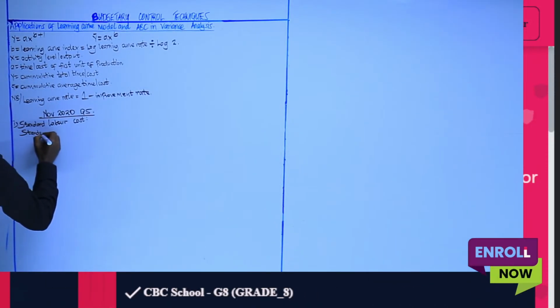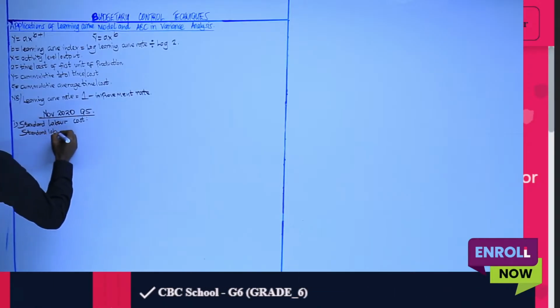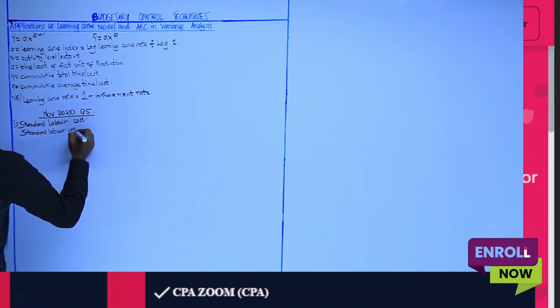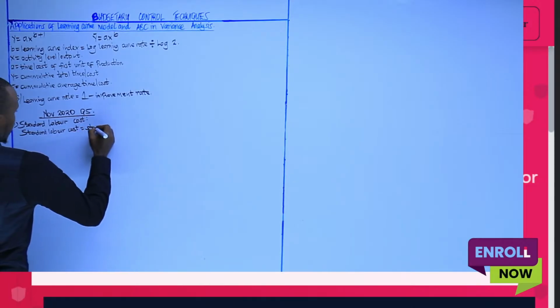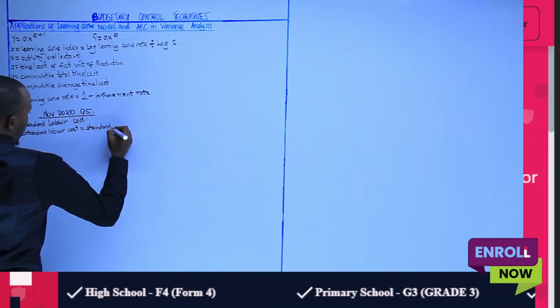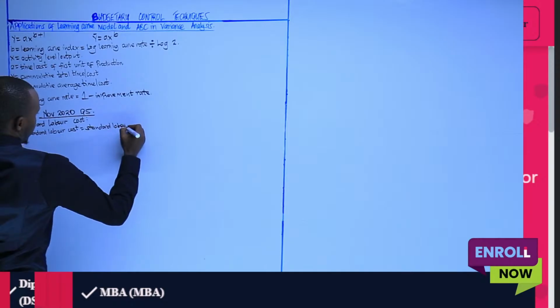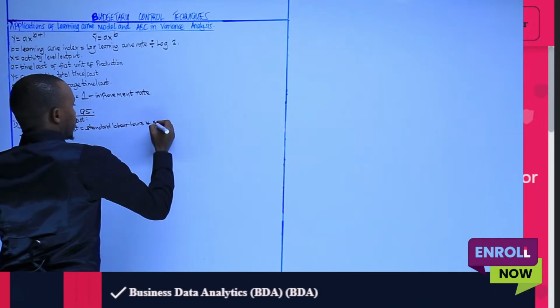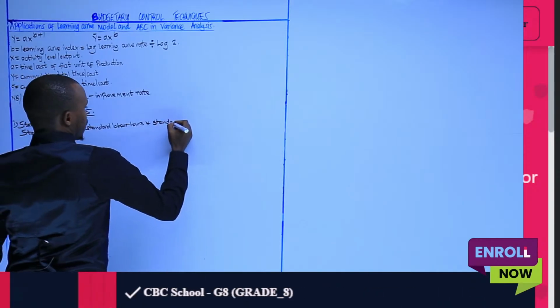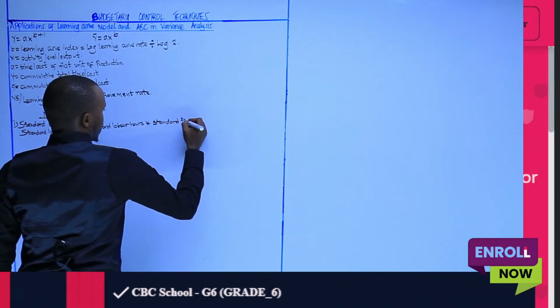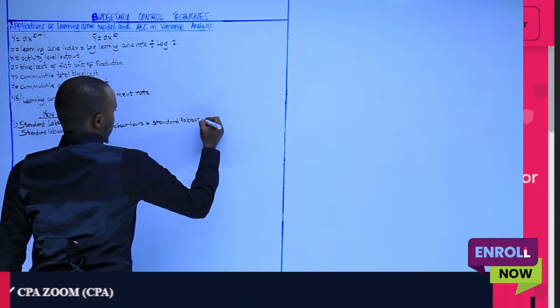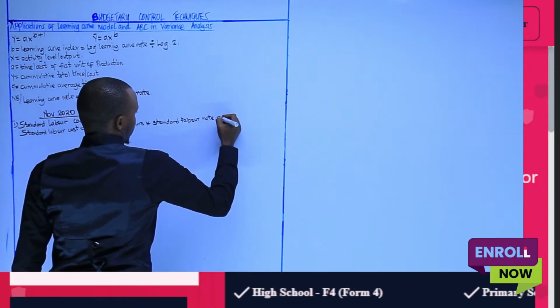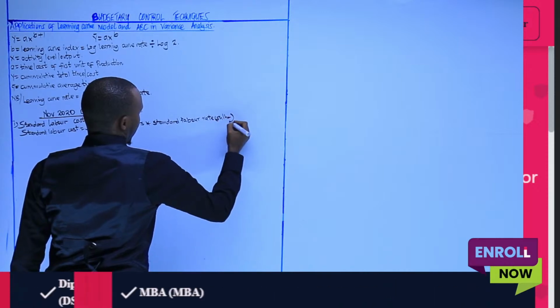Standard labor cost is given by your standard labor hours multiplied by your standard labor rate, which is in shillings per hour.